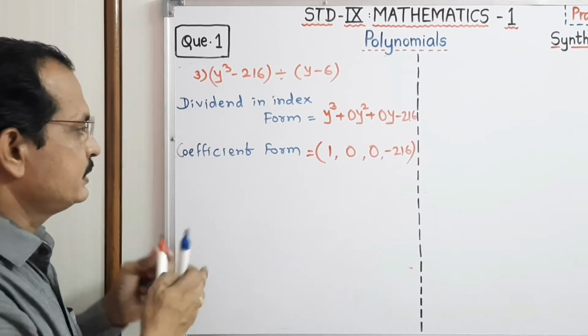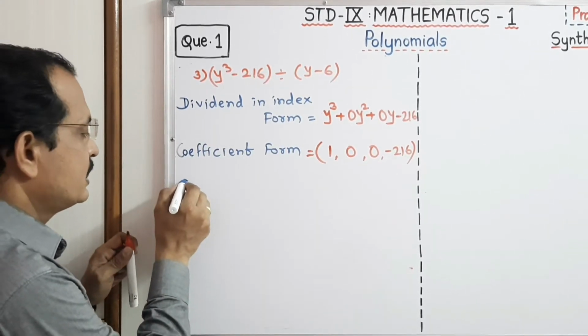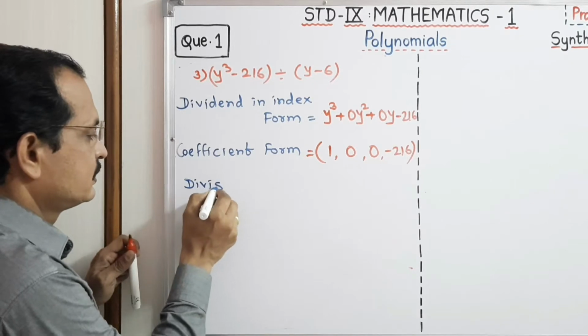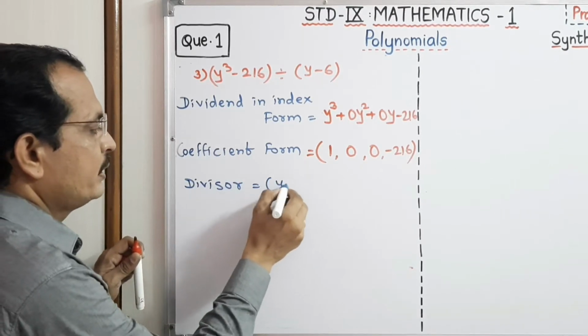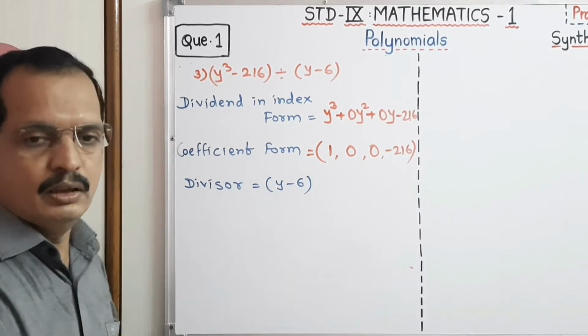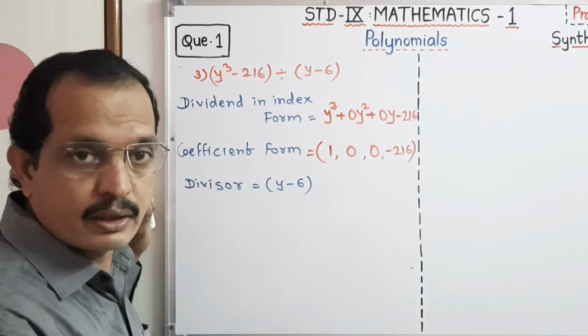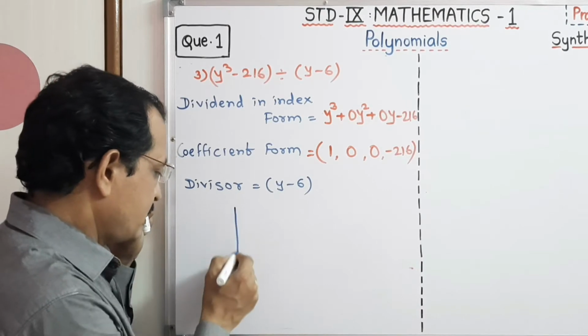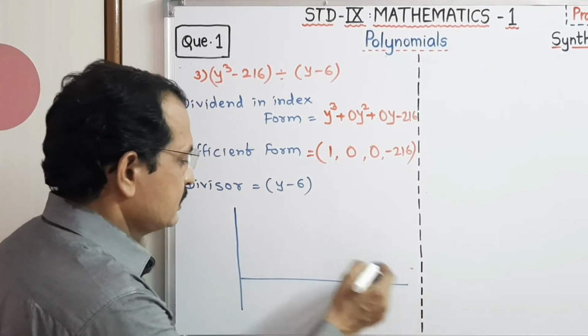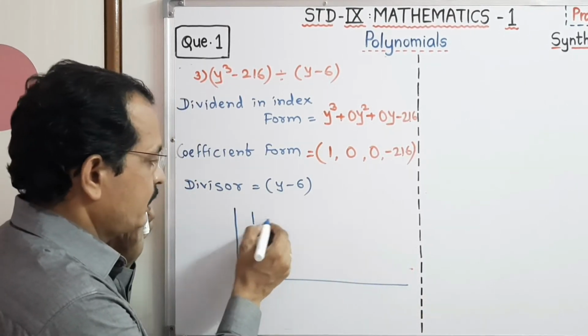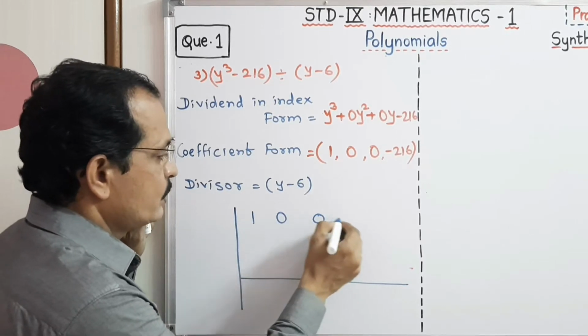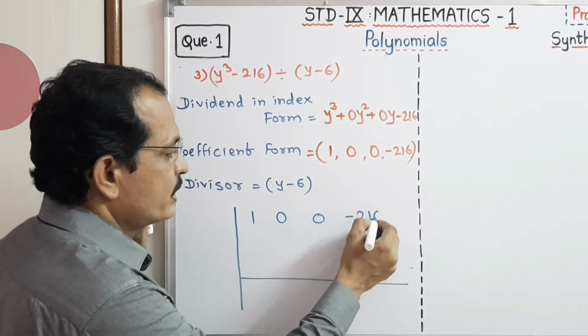Okay student, see what is the divisor? y minus 6. See, minus 6. Therefore we have to take plus 6. Now see here, we have to write 1, 0, 0, minus 216.